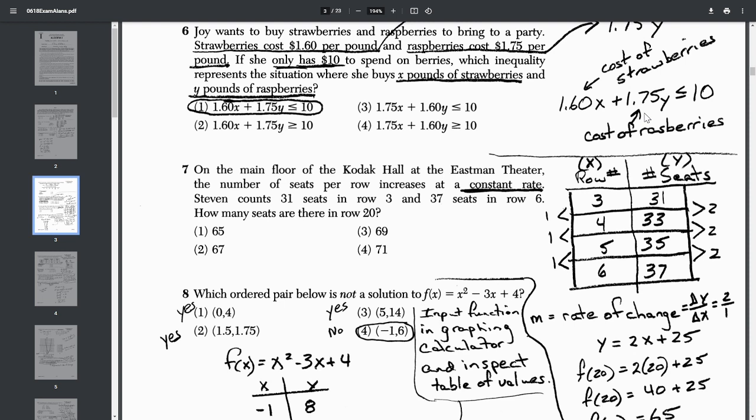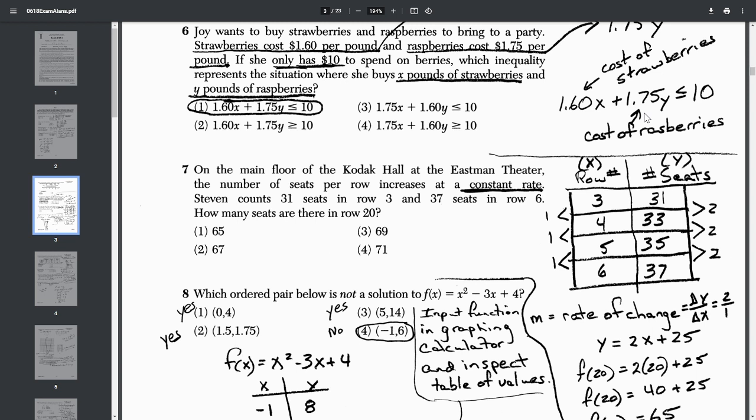Number 7, this theater's rows increase at a constant rate. Row 3 has 31 seats, and row 6 has 37 seats. That means that each row must be adding 2 seats, right? Because the pattern would go on for rows 3, 4, 5, 6, and for the number of seats, it would go 31, 33, 35, 37.